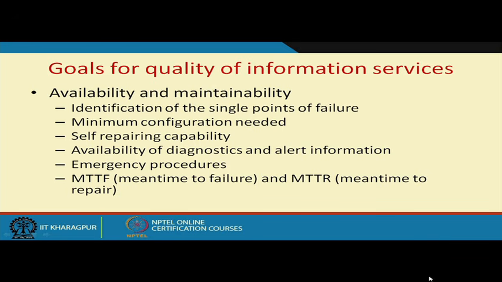Sometimes if you have been downloading papers from IEEE or Science Direct, you might have seen that they announce that they are down for maintenance purposes. So, this availability is something which the company has to decide, whether it has to provide 100% availability or it can afford to decrease its availability to, let us say, 99% of the time it will be available and 1% of the time it can afford to be down.